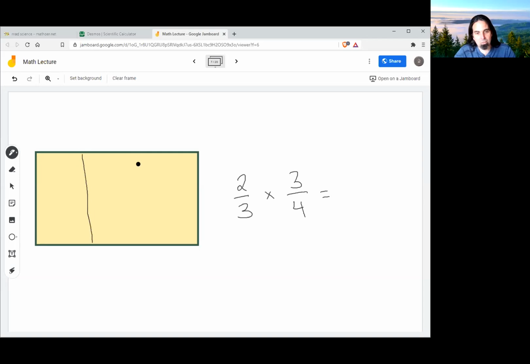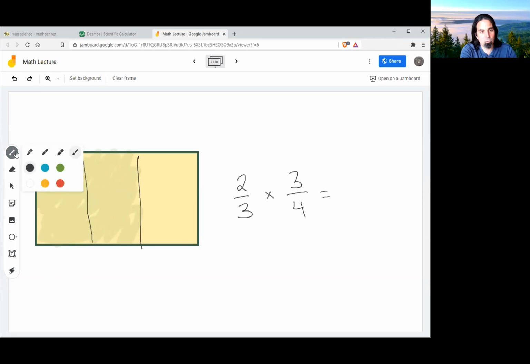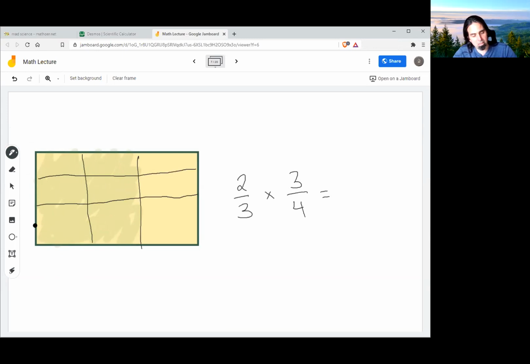Oh, okay. So I have now shaded 2/3. Okay, then what? 3/4. I'll go the other direction for the fourths. That's what works. Again, pardon the low quality of my artwork. So 3 of these quarters.